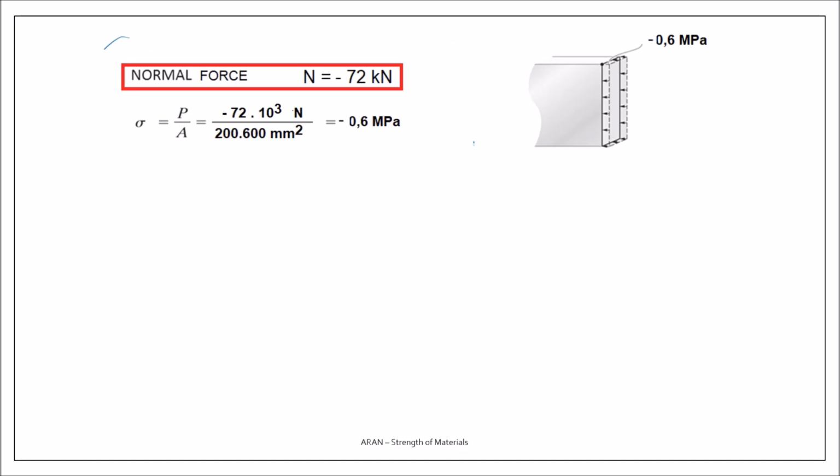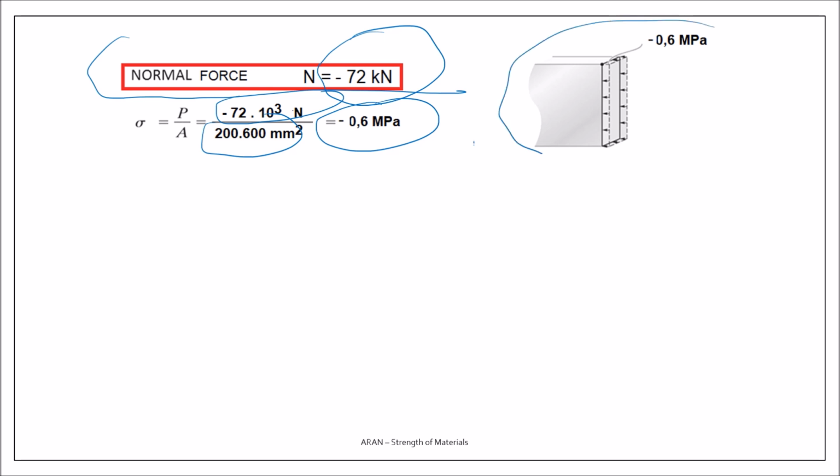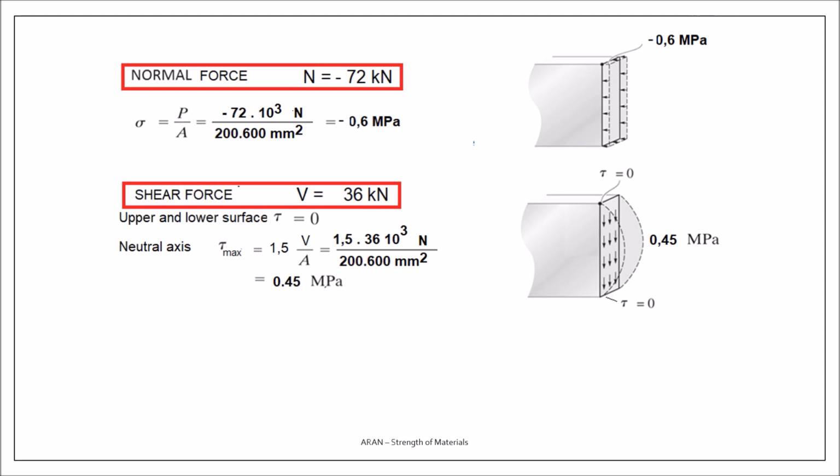First, we consider the normal force. Minus 72. Force divided by the area gives you minus 0.6. That is a stress distribution like this. You see, uniform everywhere. The normal stress is minus 0.6. Next, shear force. We have a shear force 36, acting downwards. We know that the shear stress distribution is not uniform.